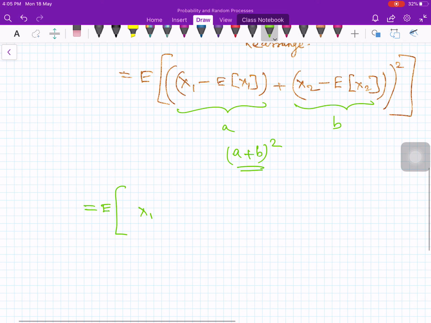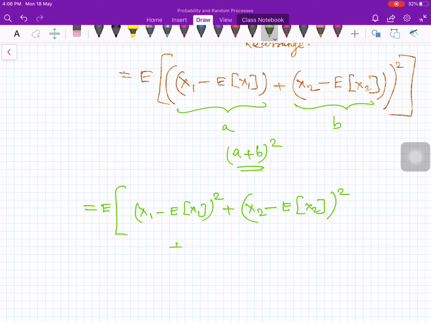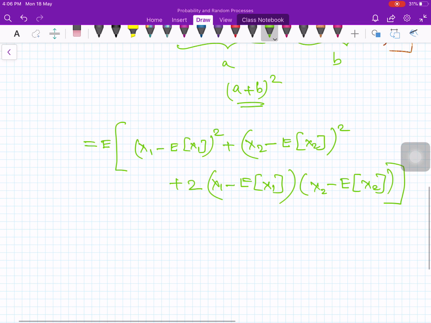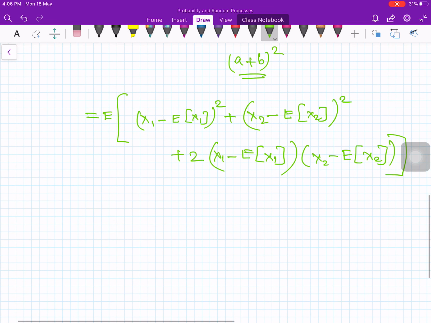So let us expand this quadratic. Expected value of the square of the first term, x1 minus e of x1 the whole squared, plus the square of the second term, x2 minus e of x2 the whole squared, plus 2 times the cross term. The cross terms are x1 minus e of x1 times x2 minus expected value of x2. Now you can take this expectation inside because expectation is a linear operation.